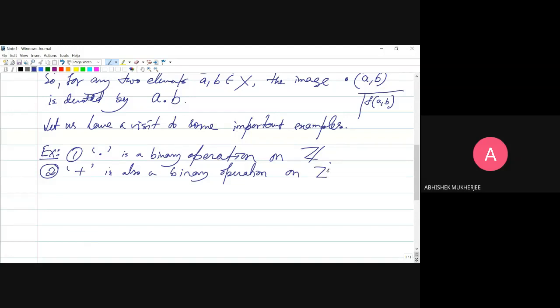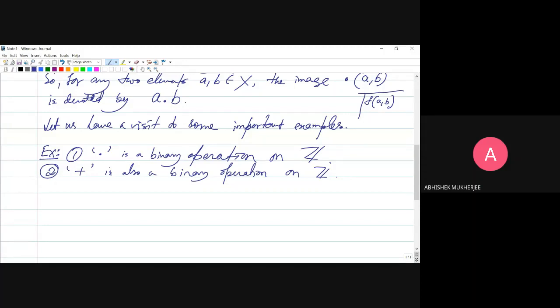Not only that, if you consider the difference, that means given any two integers a, b, a minus b, the difference between a and b, is again an integer.